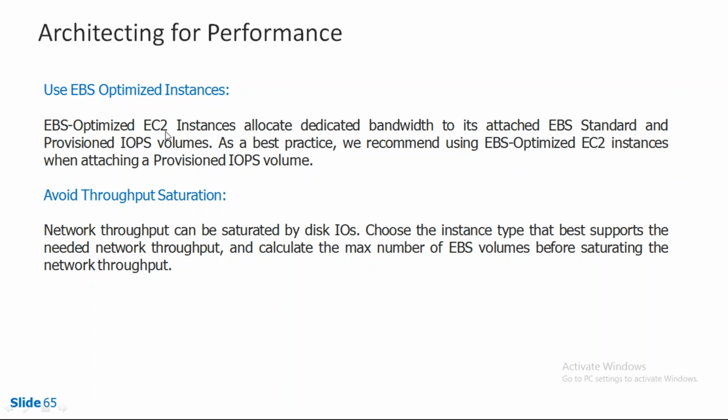EBS optimized EC2 instances allocate dedicated bandwidth to their attached EBS standard and provisioned IOPS volumes. As a best practice, we recommend using EBS optimized EC2 instances when attaching a provisioned IOPS volume. So that is what they suggest, EBS optimized instance. And of course, obviously, we choose EBS volumes.